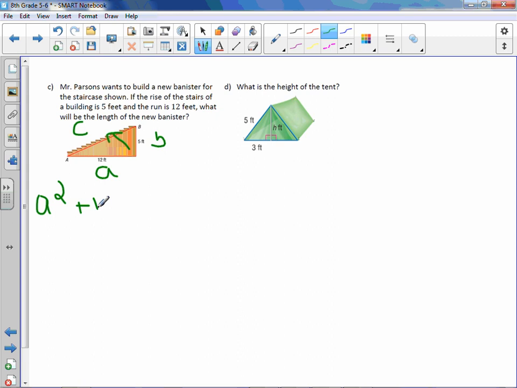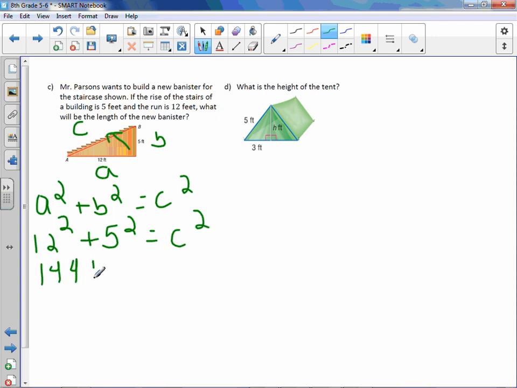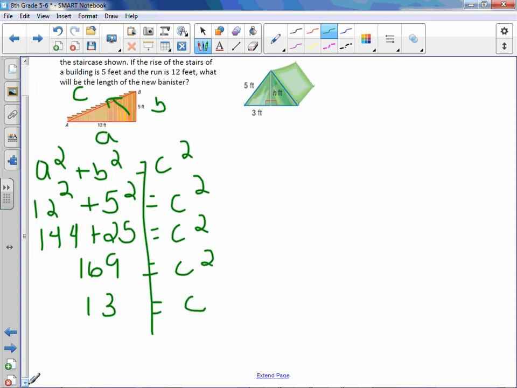A squared plus B squared equals C squared. 12 squared plus 5 squared equals C squared. 144 plus 25 equals C squared. 169 equals C squared. And then the square root of 169 is 13. And it's feet. So 13 feet.